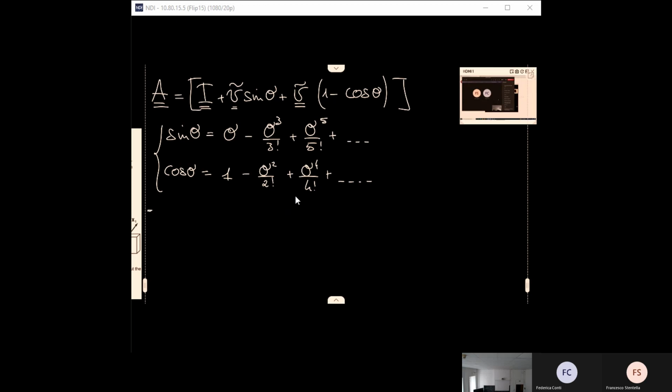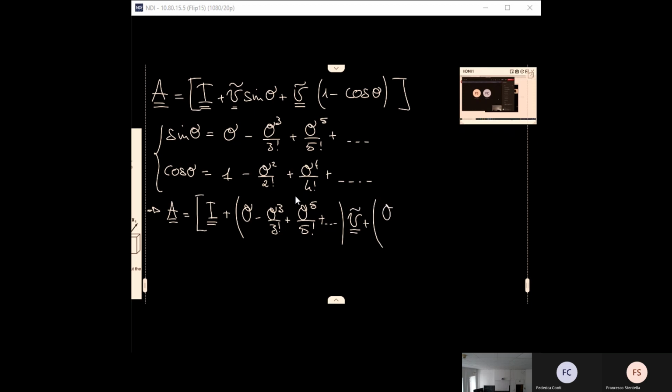So that A can be written as I plus, if we substitute, theta minus theta to the third over 3 factorial and others, and this is all multiplied by v, of course, plus, well, what we have seen before.